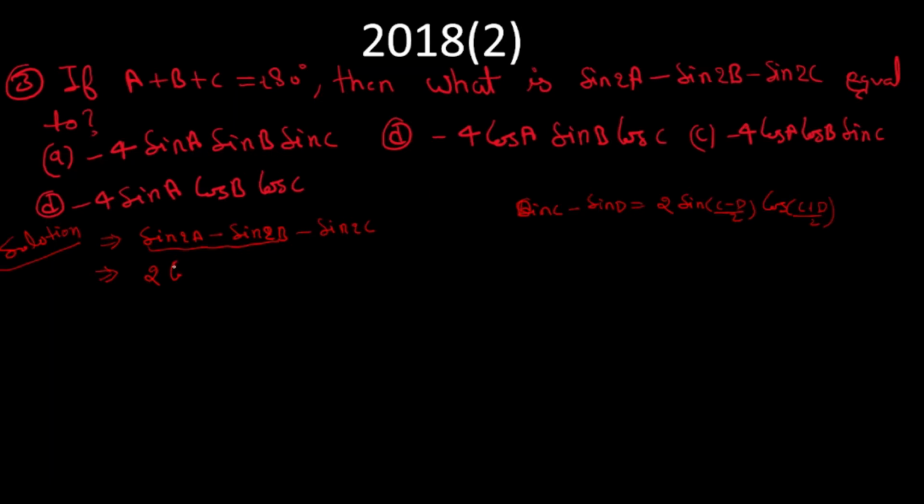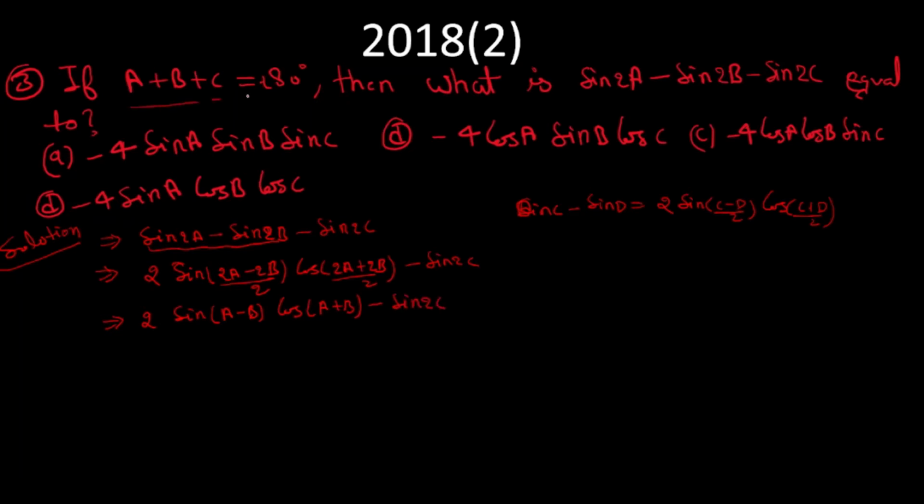So here we get 2 sine of 2a minus 2b by 2, and cos of 2a plus 2b by 2, minus sine 2c. So the 2 cancels, we get sine a minus b and cos a plus b minus sine 2c.